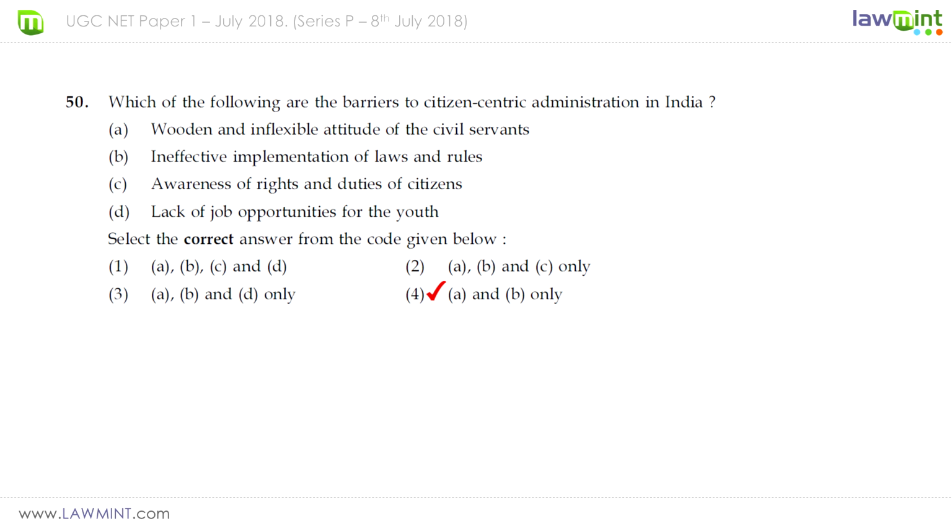Option C, that is awareness of rights and duties of the citizens, is actually an enabler for citizen-centric administration and not a barrier. So that also can be eliminated. So A and B, that is wooden and inflexible attitude of the civil servants and ineffective implementation of laws and rules, are the correct statements here. Therefore, option 4, which has A and B only, is the correct answer for question number 50.